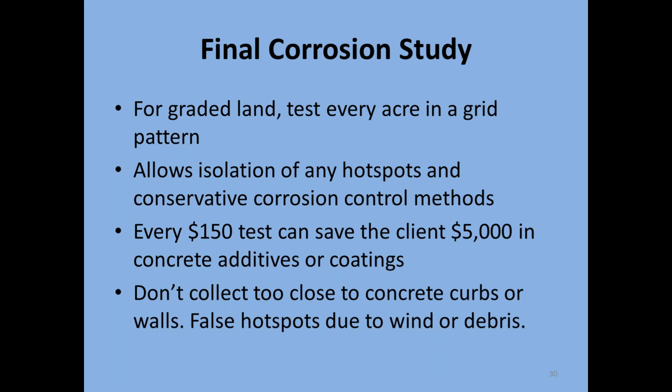Sometimes by collecting just a few samples around those hotspots, we can isolate them even further to just one lot, which can save a developer, I've been told, up to $3,000 or $5,000 in concrete additives and so forth per slab. So that can add up quite a bit, and when you consider that every soil test is only $150, that's definitely a good investment to perform a good corrosion study.